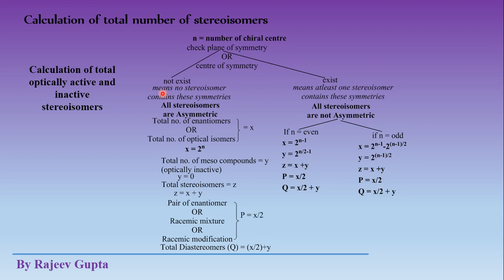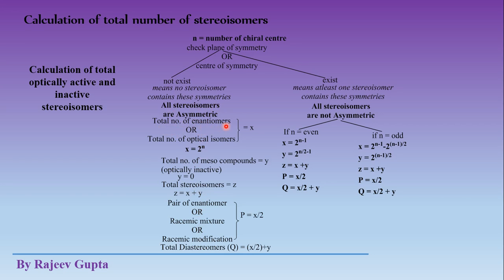So in the first case no stereoisomer contains these symmetries, meaning all the possible stereoisomers will be asymmetric or chiral. So we will apply these formulas.